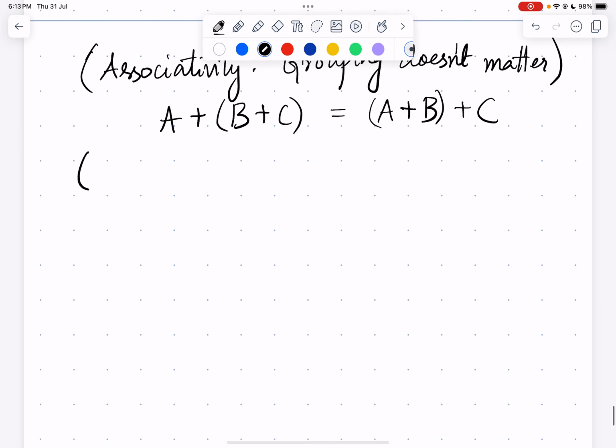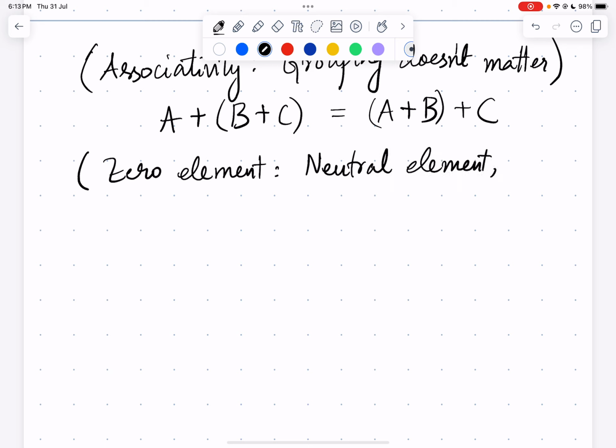And we also have a zero element. So this is a neutral element. So it doesn't change points.